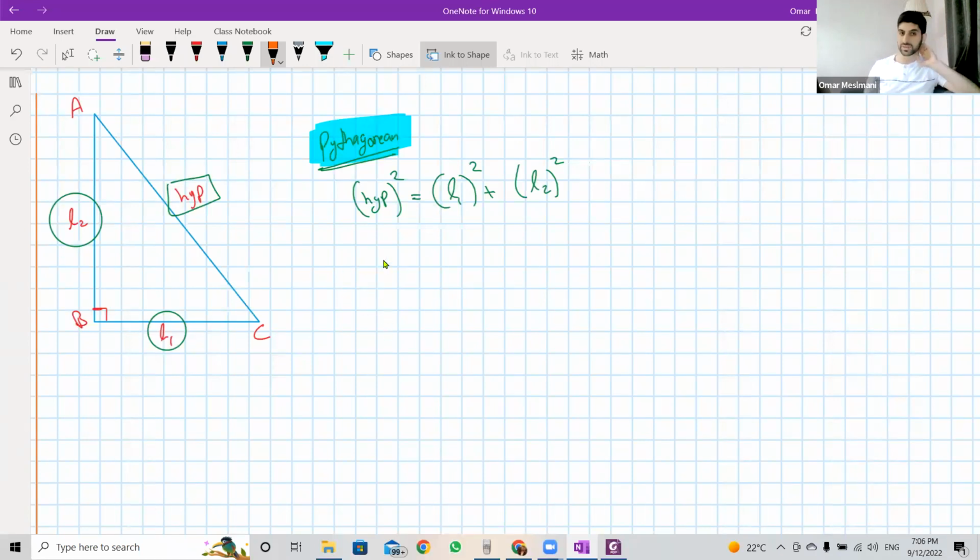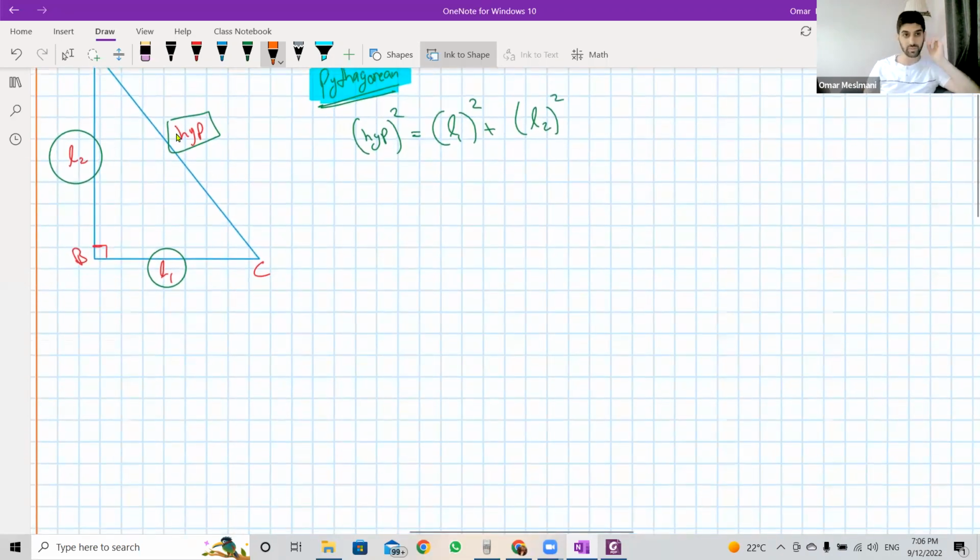And the most common triangles, we have common triplets. They are so important. Listen carefully. Once you have a triangle like this, the common triplet is 3, 4, 5.